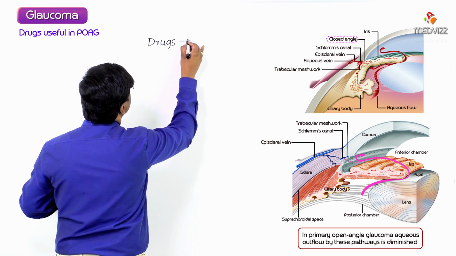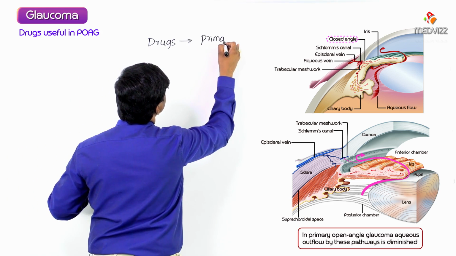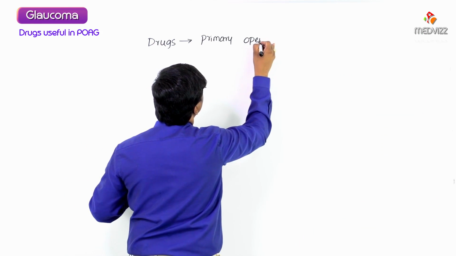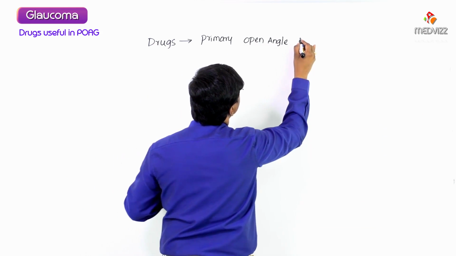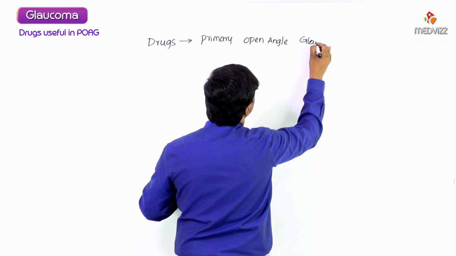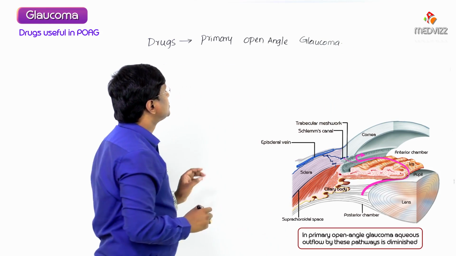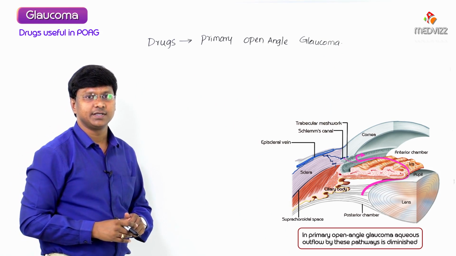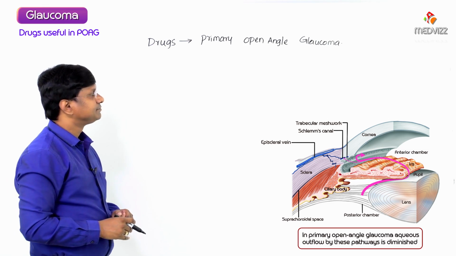Drugs which are useful in primary open angle glaucoma. Okay, so let me tell you what are the drugs.